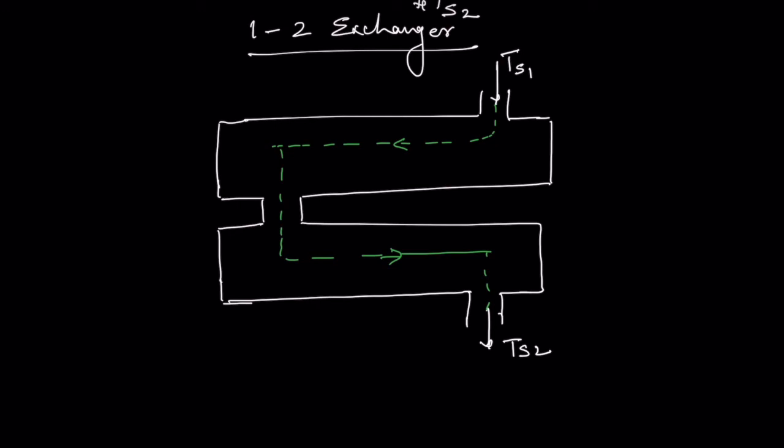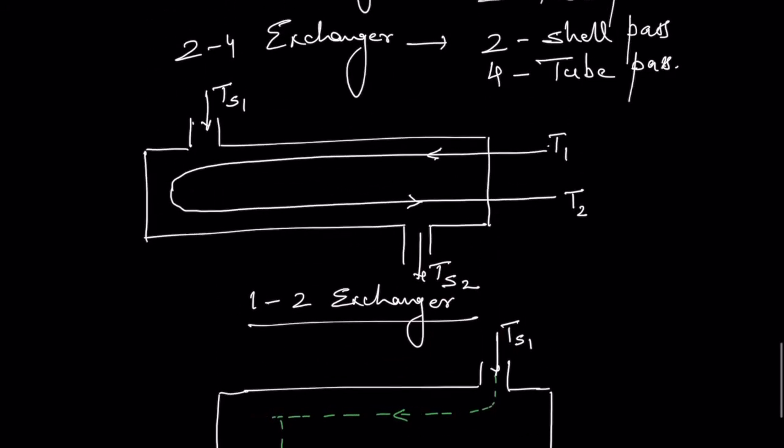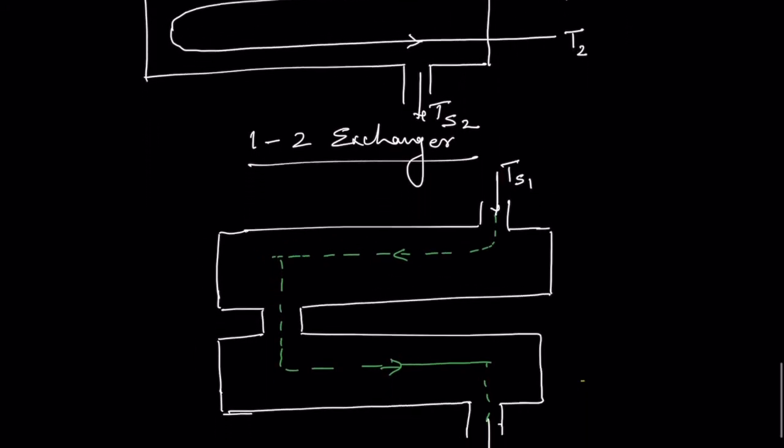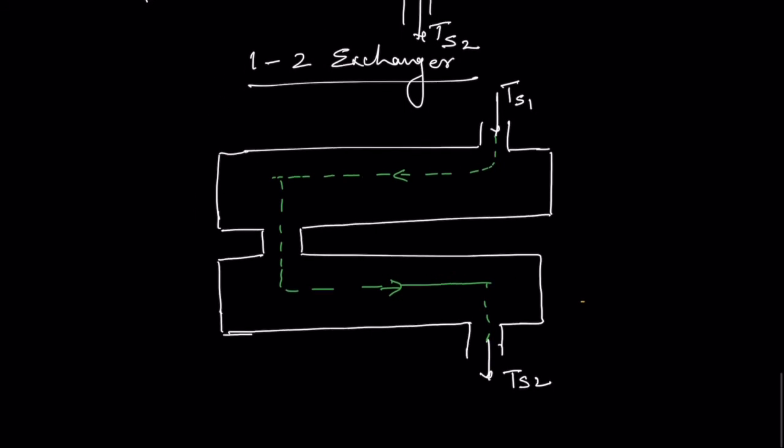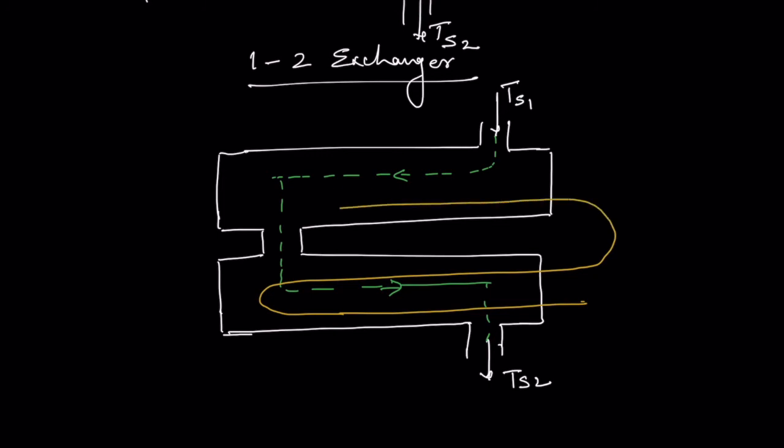And four tube passes will be like this. Suppose it's a counterflow. If we have to make it a counterflow, it will be like this.